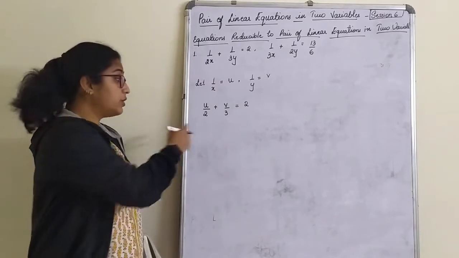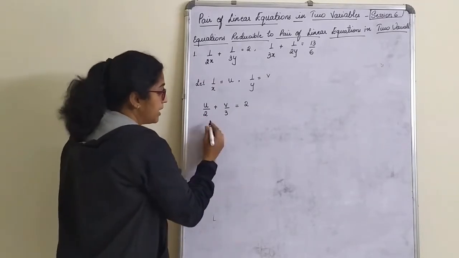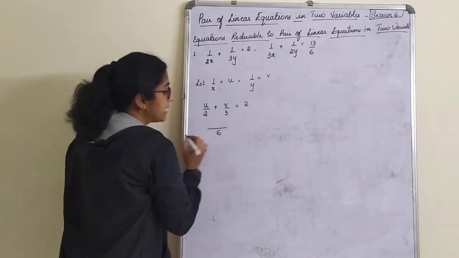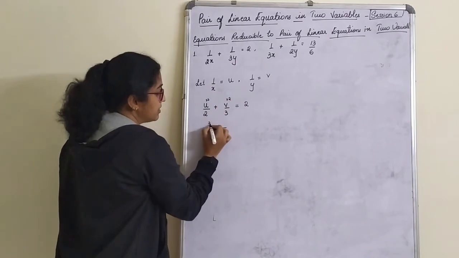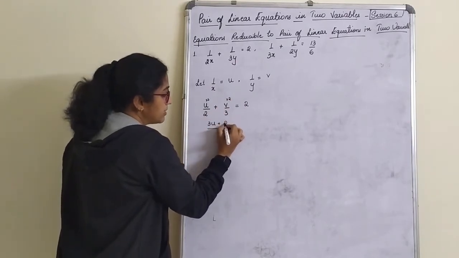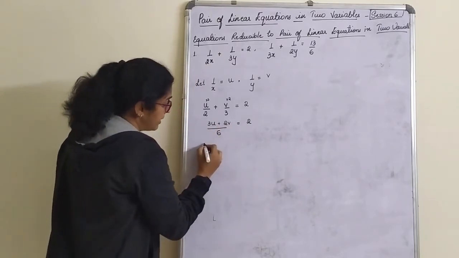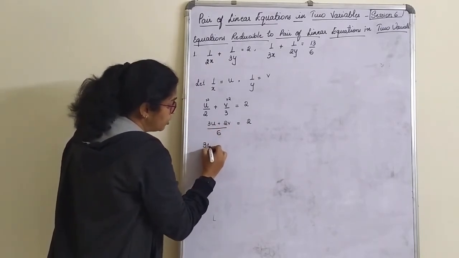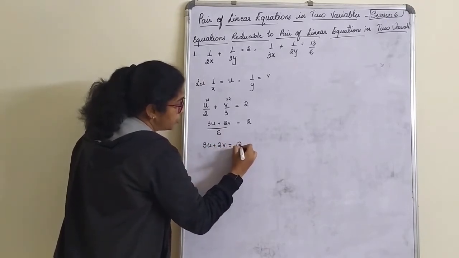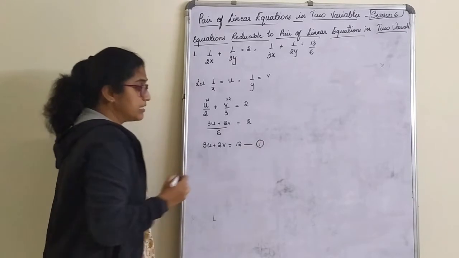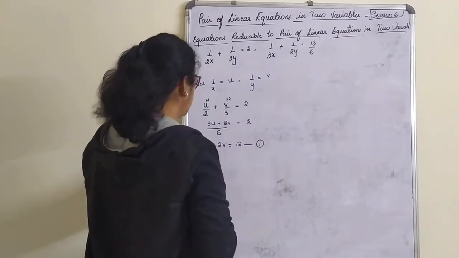Now we know that we can take LCM and solve as we have done earlier. LCM of these 2 is 6. So 3u plus 2v is equal to 12 is your first equation. Okay. So we arrived at the first equation here.